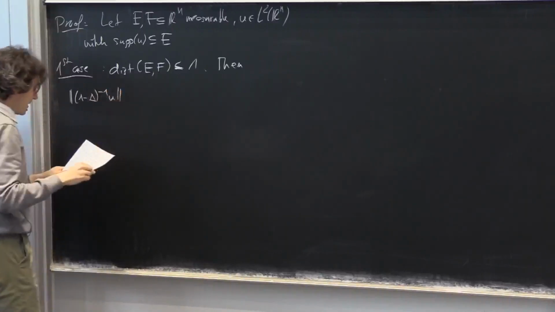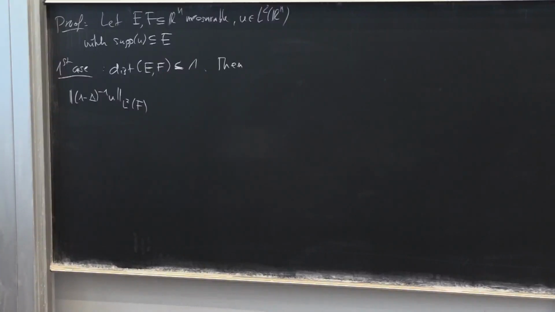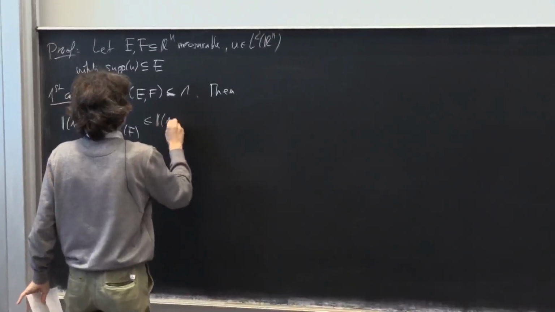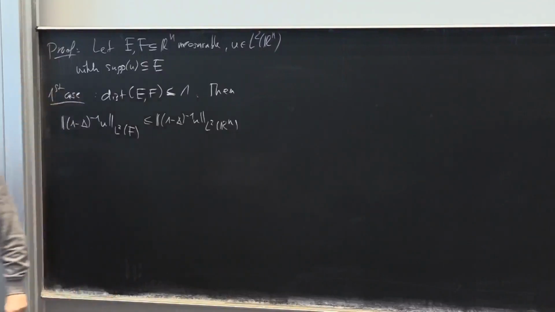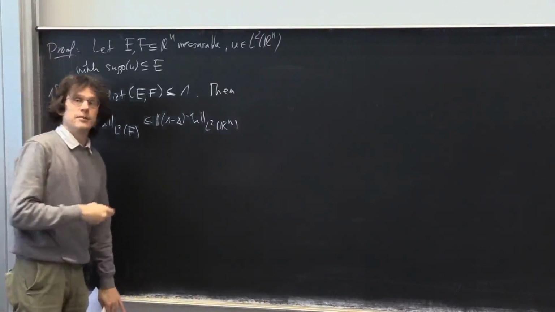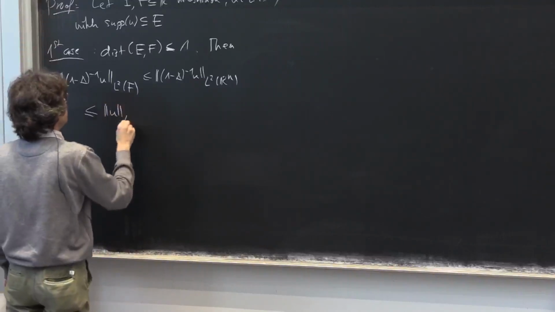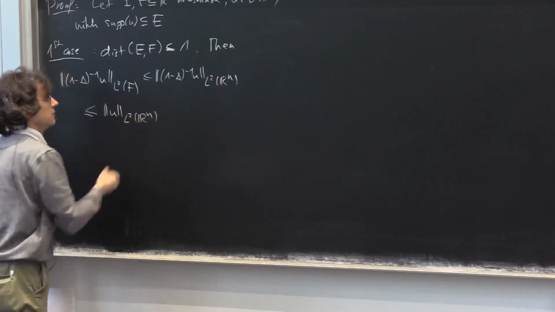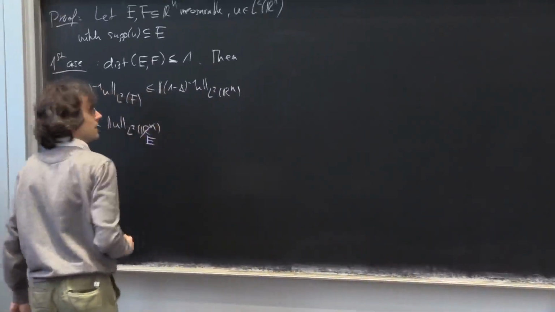because what you then simply do is, okay, you want to estimate the resolvent of u on F. You just estimate by the resolvent of u on the whole space. So this is less or equal than the resolvent of u in L2 of Rn. Then we know that minus Laplace is an M-accretive operator, so the resolvent is bounded by 1 over lambda. Okay, lambda is 1, so this is bounded by 1. So this is less or equal than the norm of u in L2 Rn. Now u is only supported in E, so you can put an E here.